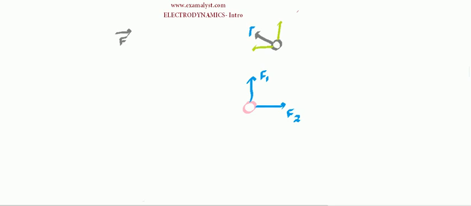What is force F1 trying to do? Force F1 is trying to take the ball up, and force F2 is trying to take the ball towards the right. Can you tell me what is the final motion of the ball? I mean, how the ball is going to move? The ball is going to move somewhat in this direction.